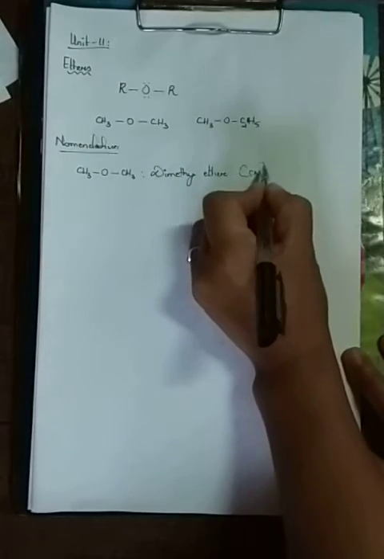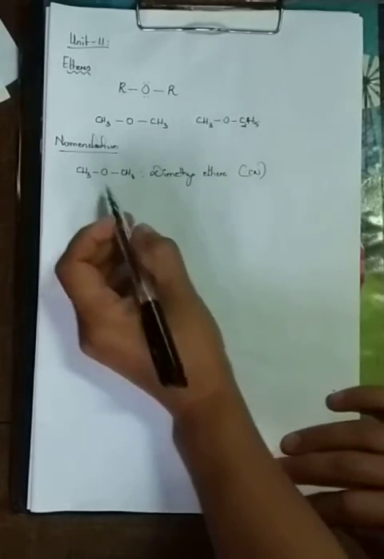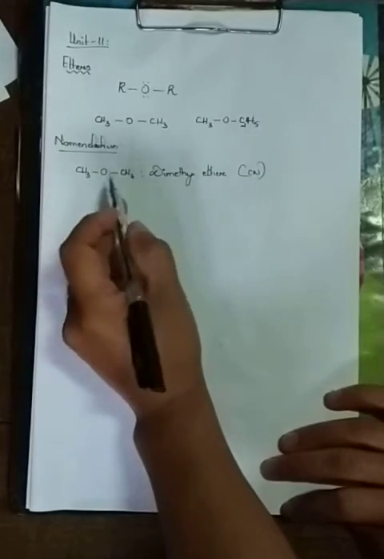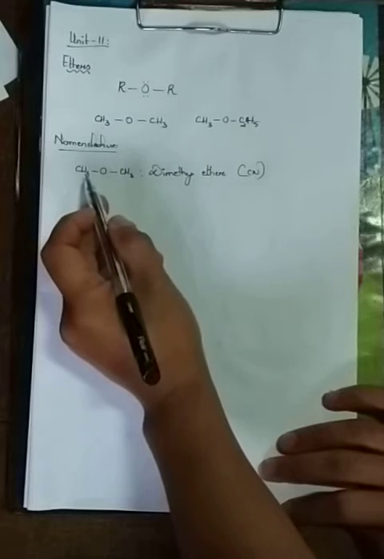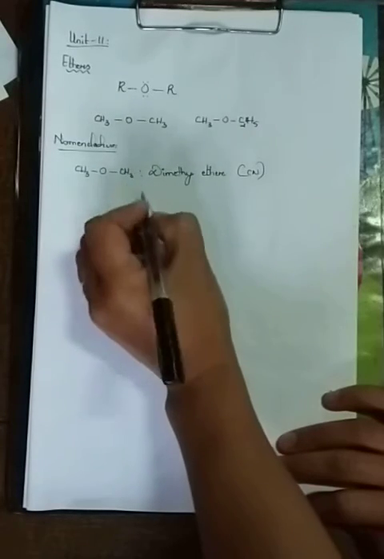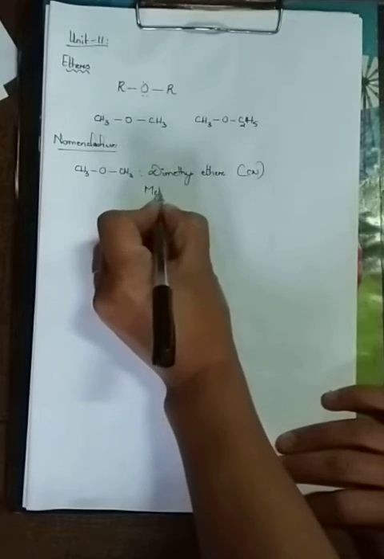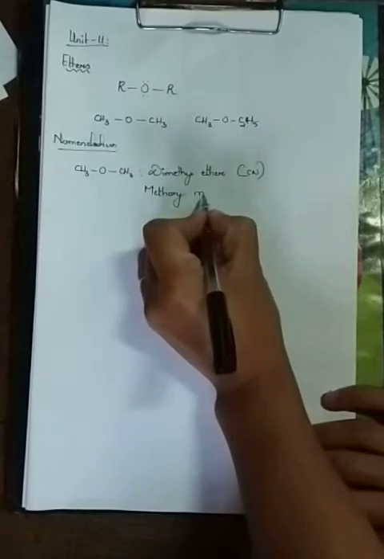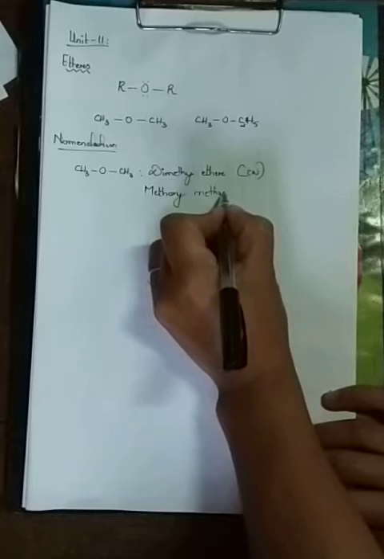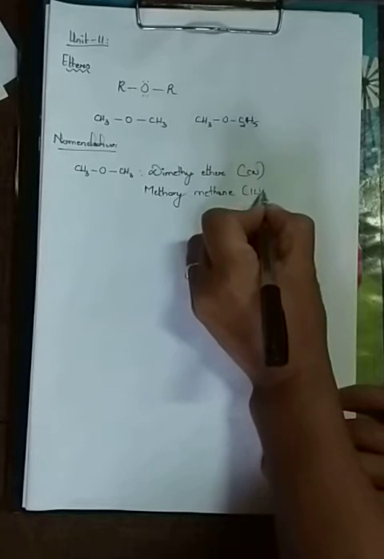This is the common name. The IUPAC name here: on both sides the number of carbon atoms is the same. Therefore one of the carbon atoms will be named as the methoxy, it will get the functional group name, and then the second carbon atom will get the parent name, that is methoxymethane. This is our IUPAC name.